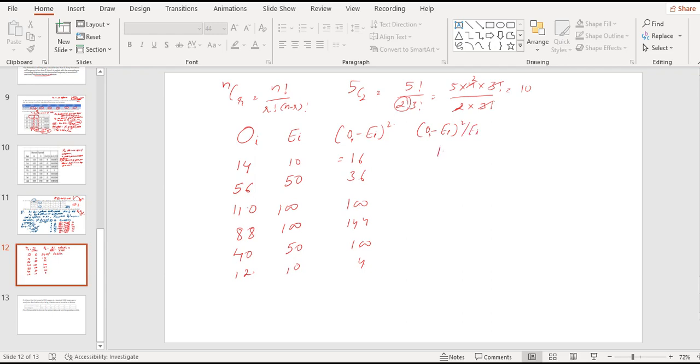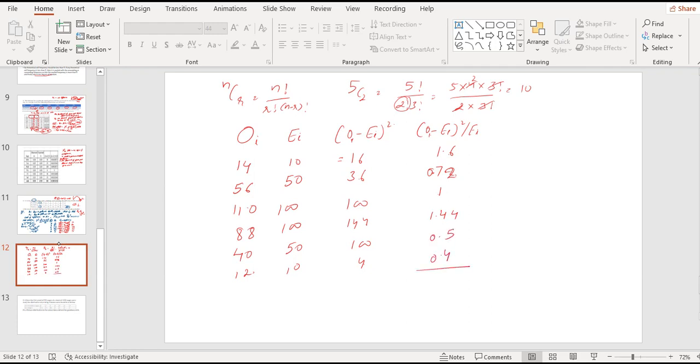Divided by 10, 1.6, divided by 50, 0.72, divided by 100, it is 1, and this is 1.44, and this is 0.5, and this is 0.4.